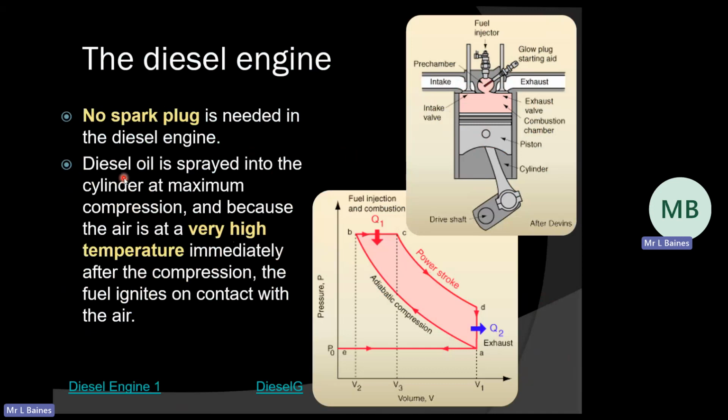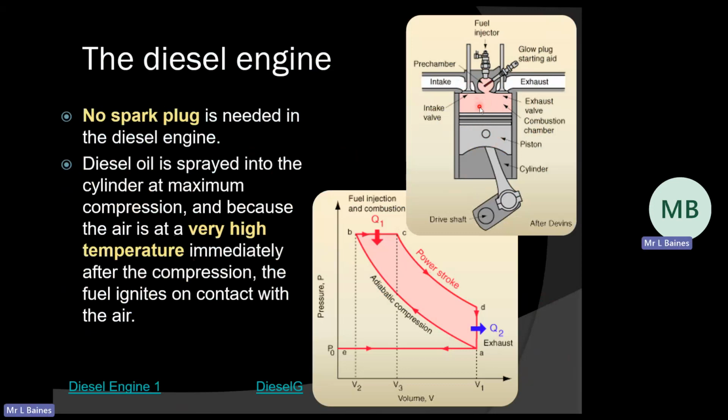The fuel is then injected, so my diesel is sprayed into that cylinder at maximum compression. Okay, so it's not pre-mixed like it is in a petrol engine. I've got pure air that gets compressed, then my diesel gets sprayed in, and because that air is at such a high temperature, the fuel will automatically ignite on contact with the air.